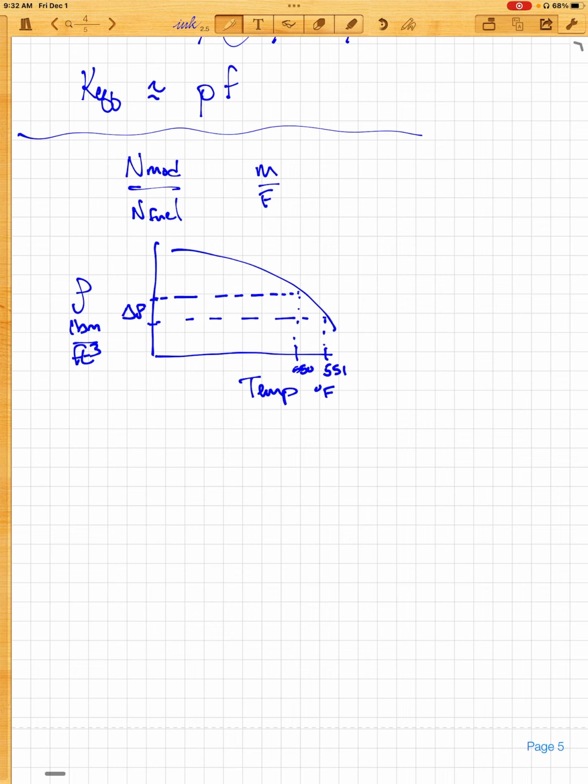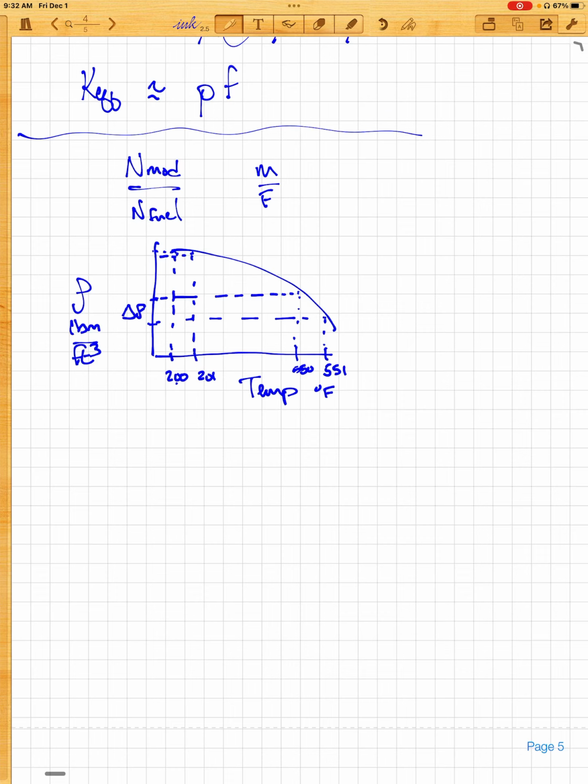But if you're down here at 200 to 201, still the same distance, that's going to result in a density change that is significantly smaller. So we run our reactors up here at 550 to 620 degrees Fahrenheit.